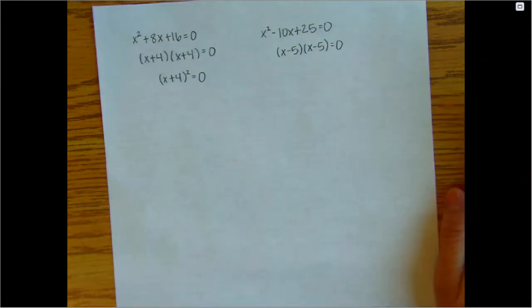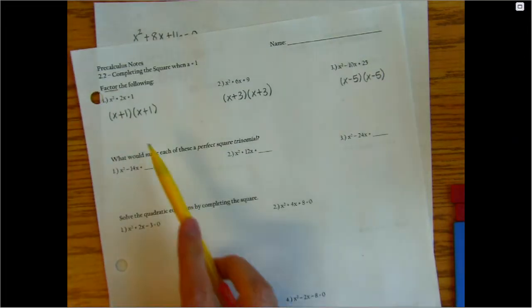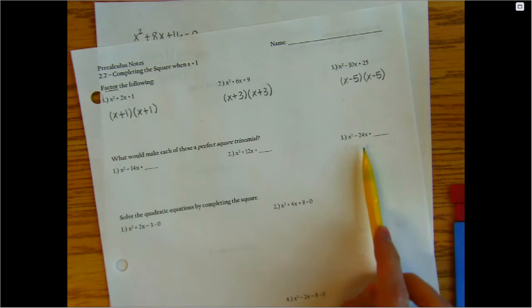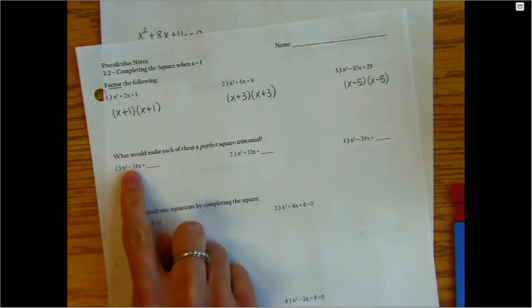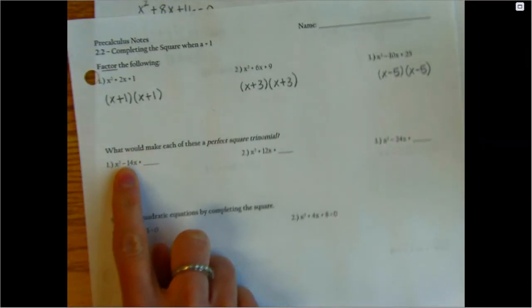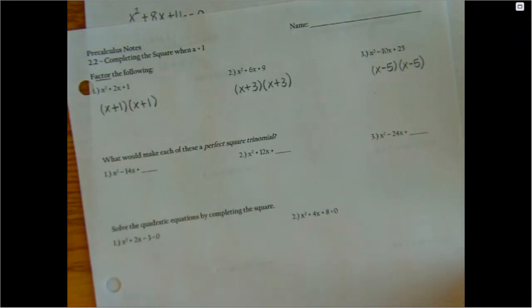Okay. So if I think about what I would need to add here and here and here to make this a perfect square trinomial. So we're not going to worry about the positive and negative yet. And I don't have enough tiles to do the 14.